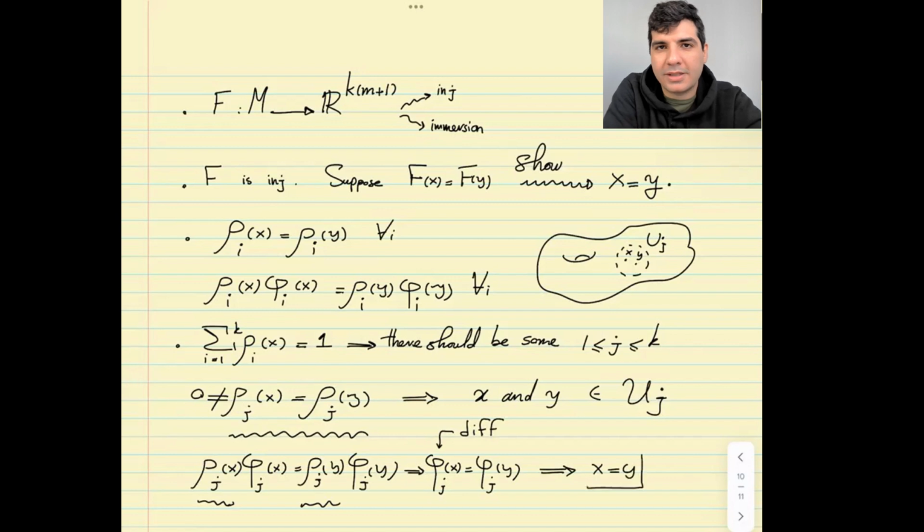So x must be equal to y. So we proved x is equal to y. It shows f is injective. Now, I leave the immersion part as an exercise, to show the derivative of f is injective. This is not very challenging. It's a good exercise. I leave that to you if you like. You can think about this more.